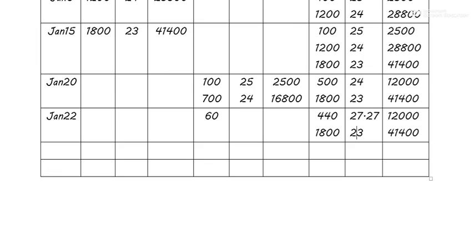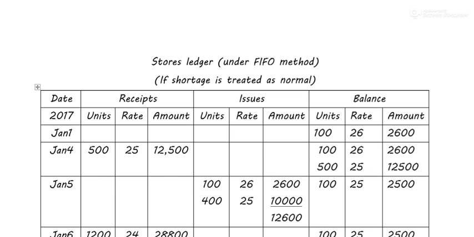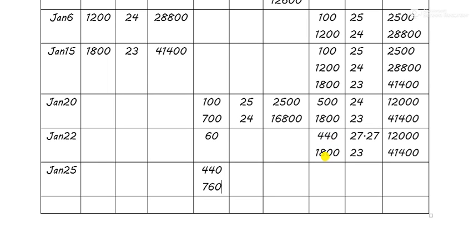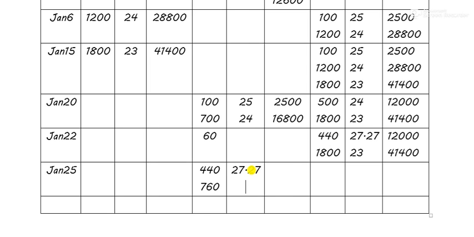On Jan 25, 1200 kgs were issued. First of all, 440 will be issued from here, and then the remaining 760 will be issued from the 1800 units. The rate of 440 is 27.27, and the rate of 760 is 23.